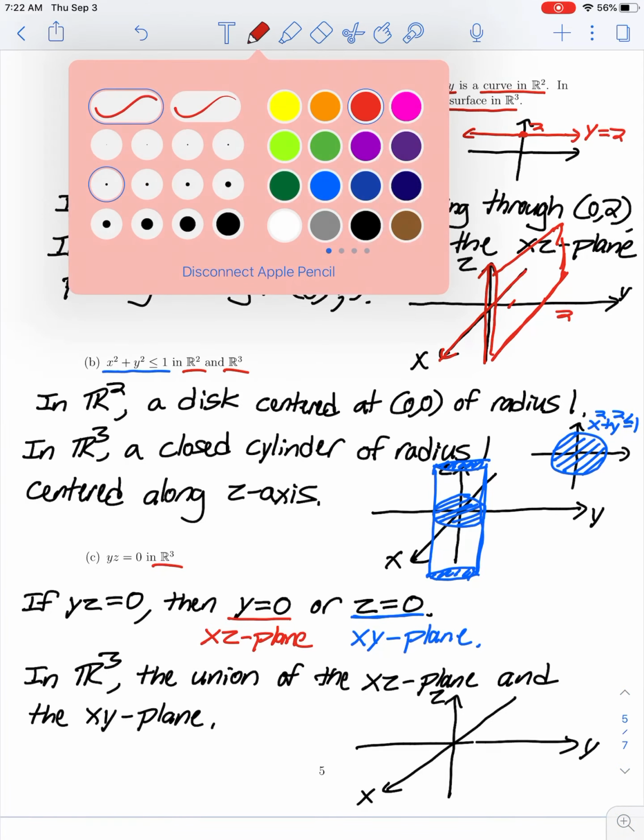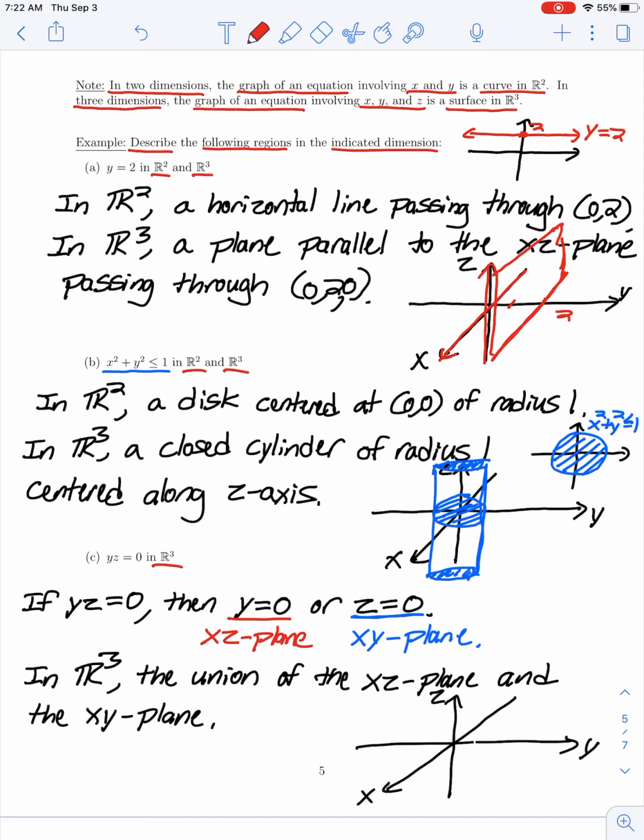And the equation y equals 0 is defining this xz plane. So here we would have all of this plane together with, so another way to satisfy this equation was to take z equals 0, which was the xy plane.